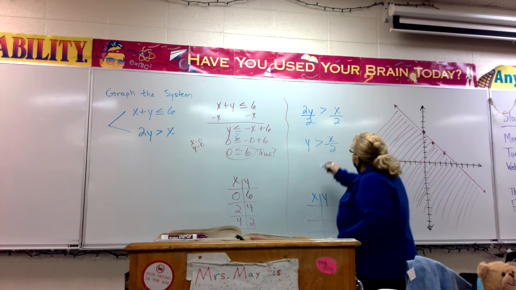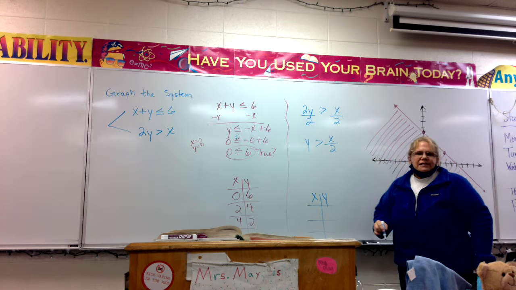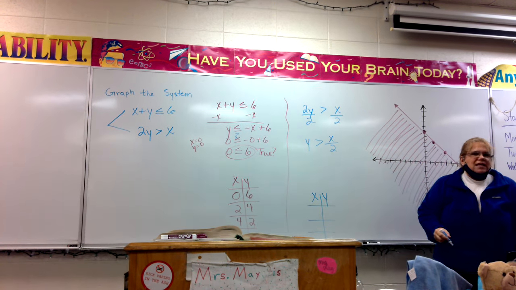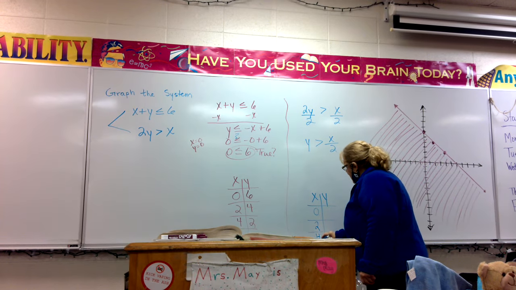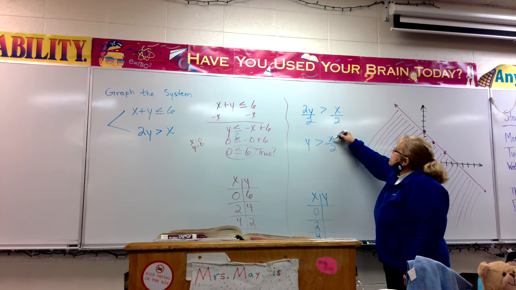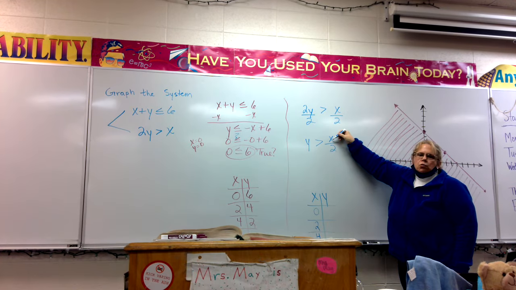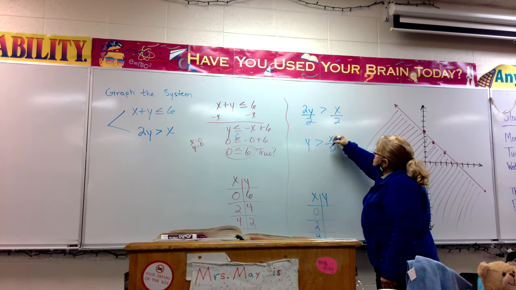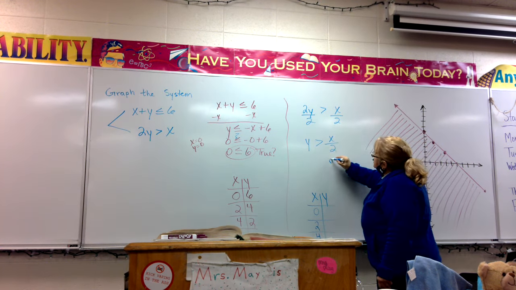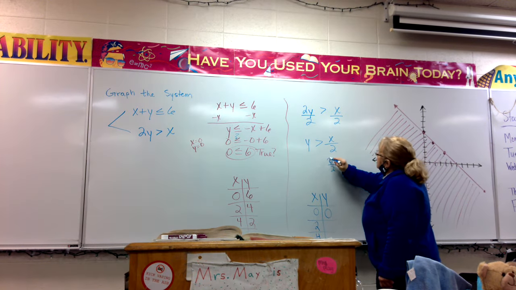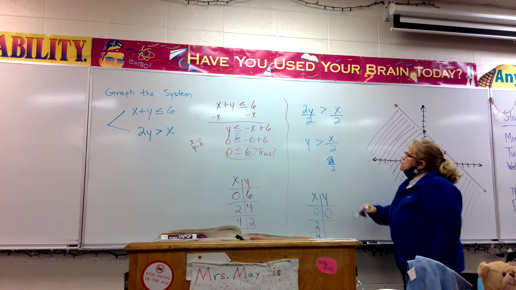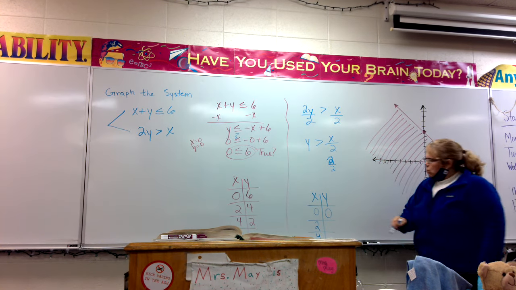Can I suggest, since we're dividing by 2, let's pick even numbers, like 0, 2, 4 again. If I put 0 here, what's y going to be? If we pretend it's equals, what's 0 over 2? If I plug in 2, what's 2 over 2? 1.